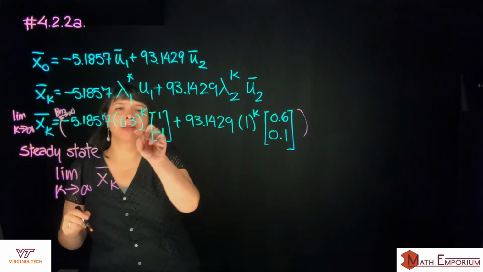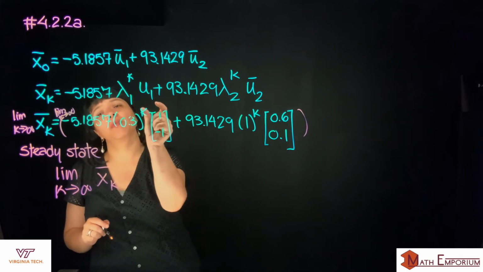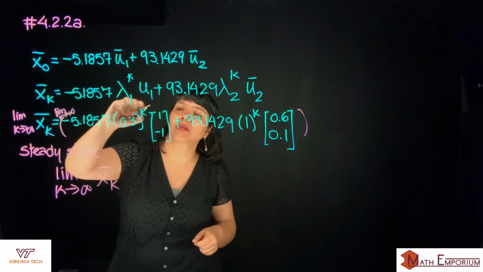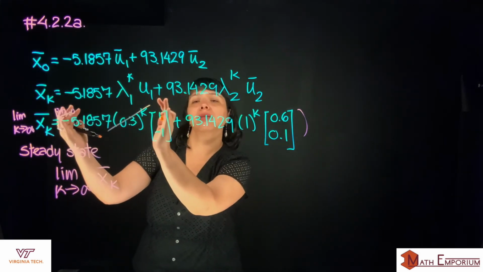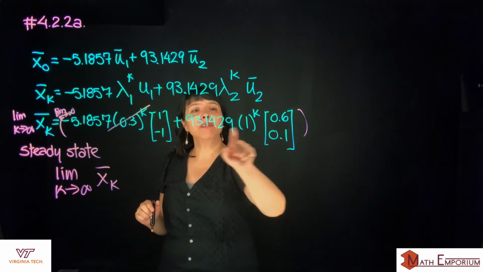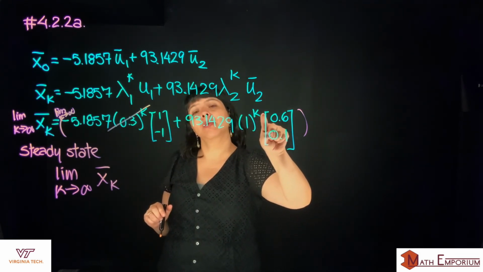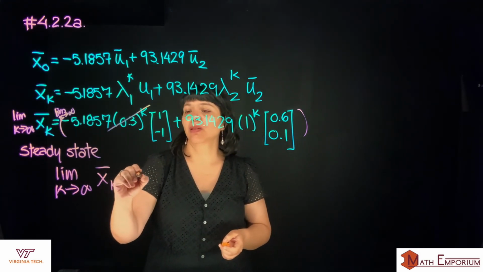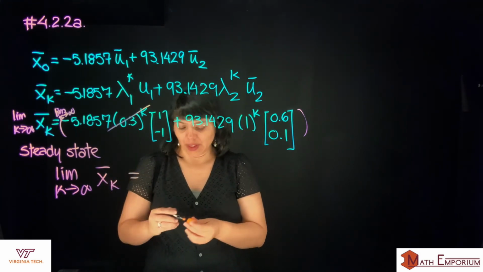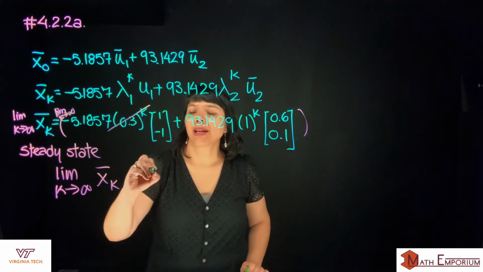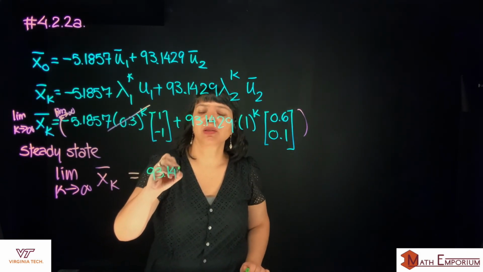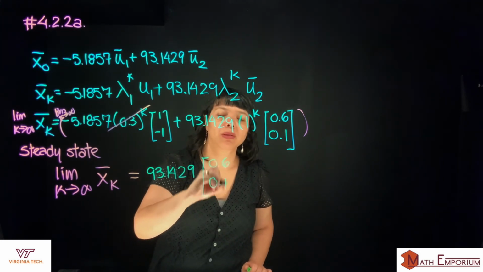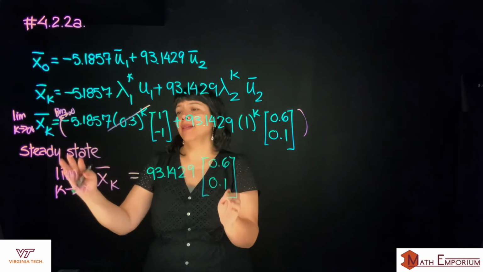But let's see what happens. 0.3 is a number that is smaller than 1. When you multiply times itself, this is going to go to 0. So this whole part is going to cancel out. And the remaining part, because 1 to the k is always 1, is going to stay here. So in the limit, this is going to give me 93.1429 times 0.6, 0.1. So this gives me the steady state.